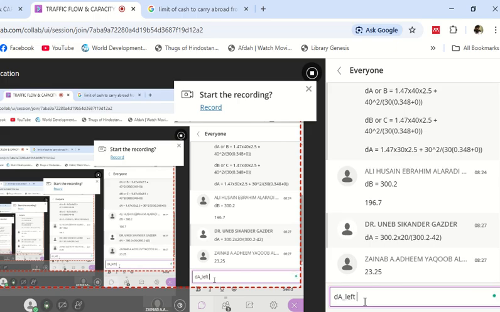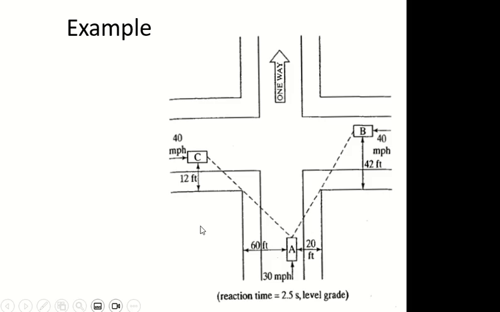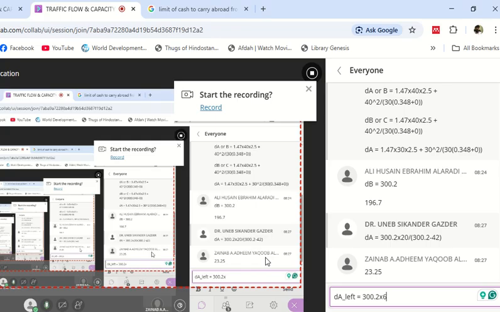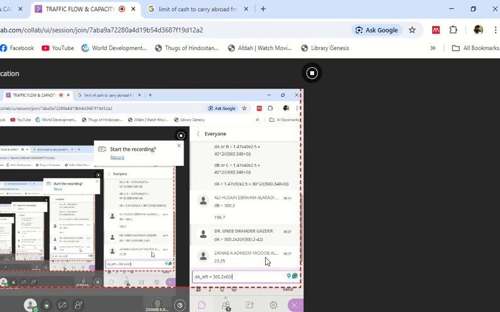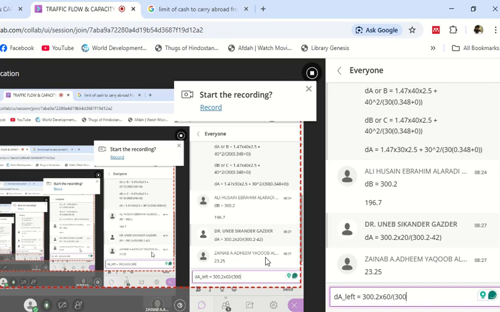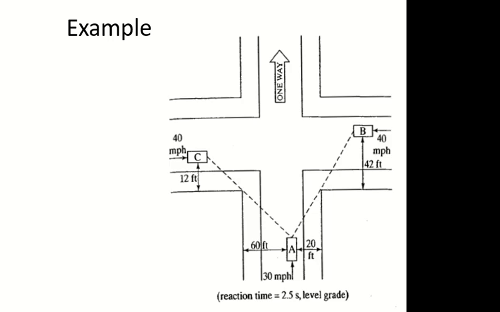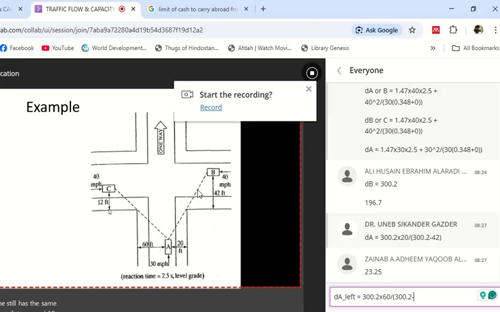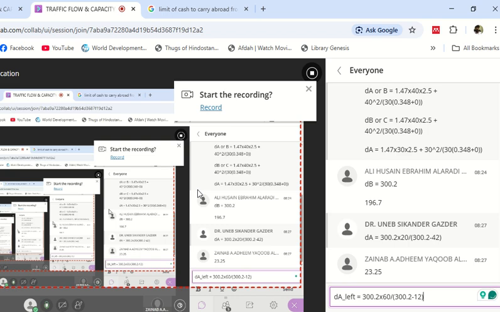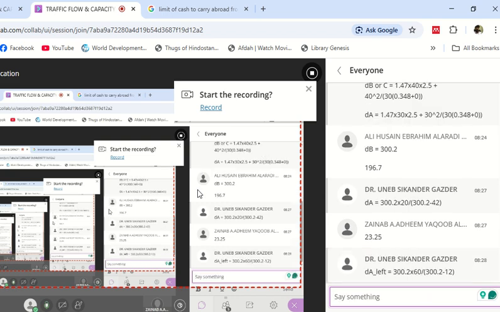The left hand side, this one still has the same stopping distance and 60 minus 12. How much is that?